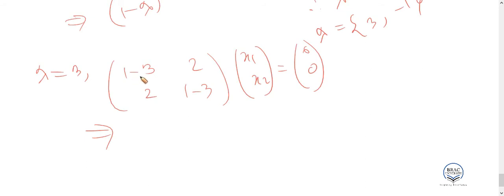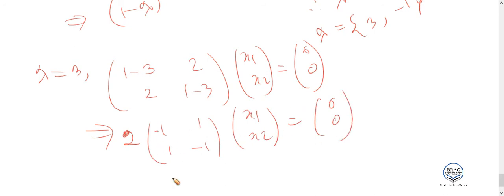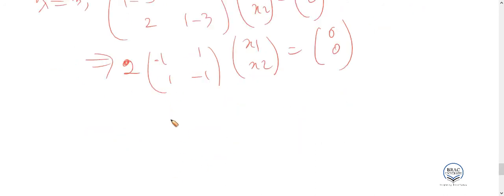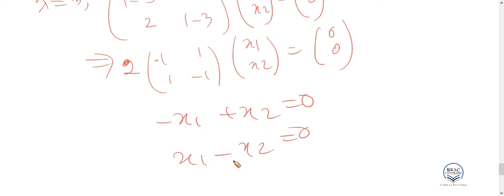Finally you can see that there will be minus 2 over here and all of these entries are 2, so let's take 2 common, and you have minus 1 1 1 minus 1, times x1 x2, which equals 0 0. If you multiply this, you get these two conditions, minus x1 plus x2 equals 0, and x1 minus x2 equals 0, and both correspond to the same thing, that is x1 equals x2.